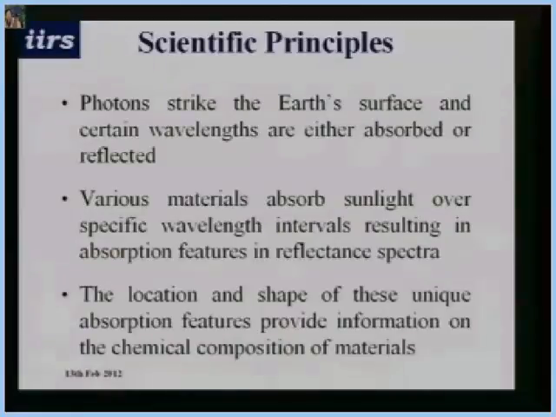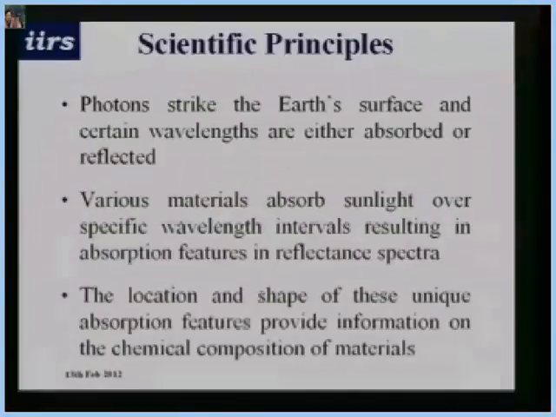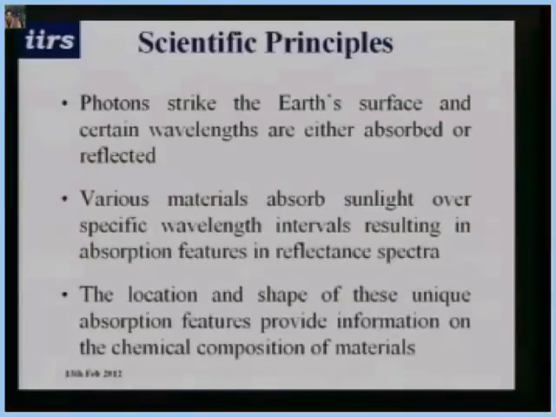Various materials absorb sunlight over specific wavelength intervals, resulting in absorption features in reflectance spectra. This is what is important in hyperspectral remote sensing: the absorption spectra are a diagnostic characteristic for identification of a certain object on the ground. The location and shape of these absorption features provide information on the chemical composition of the materials.